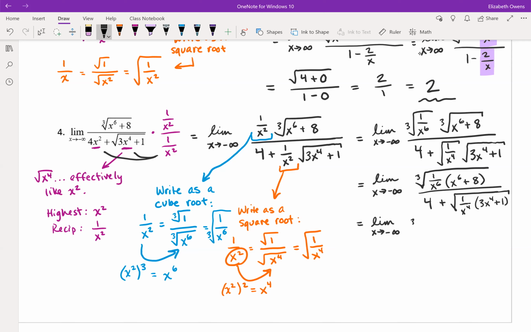And we'll have our cube root of 1 plus 8 over x to the 6th. I'm going to write it a little bit sideways there so I can make things fit. And then in our denominator, we have 4 plus, and distribute here. That would be the square root of 3 plus 1 over x to the 4th.